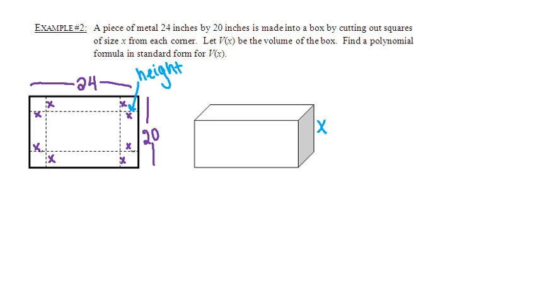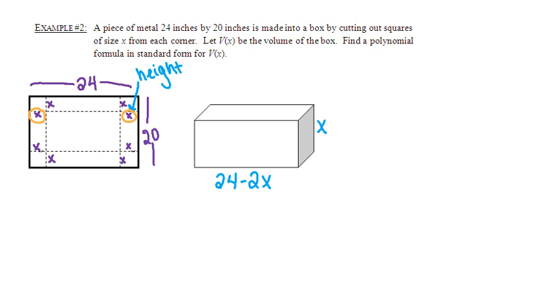Now originally the length of my rectangle is 24, but I'm going to take away these squares of size x. I have an x on this side that I'm going to cut away from my 24, and over here. And we know that when we take something away, we are subtracting it from the total. So I'm going to take my 24 inches for my length, and I'm going to subtract 2 x's off of it because I'm subtracting that x square on both sides.